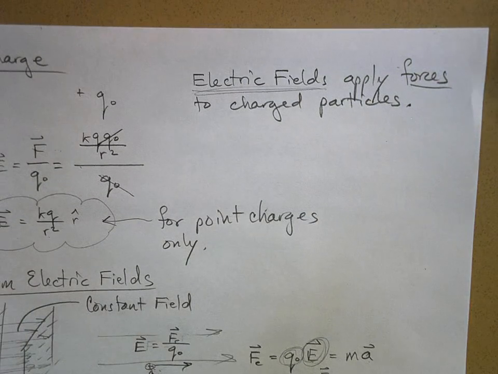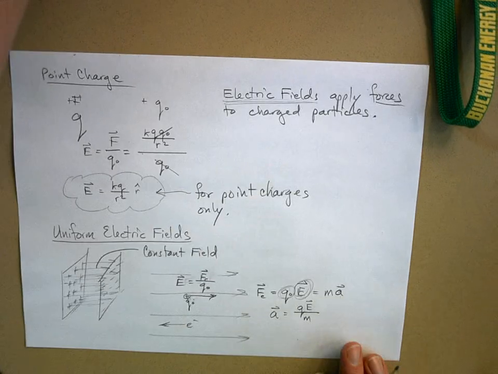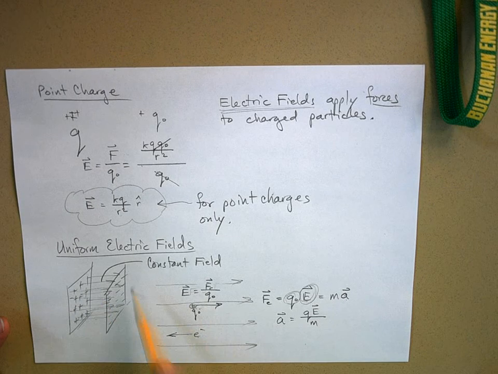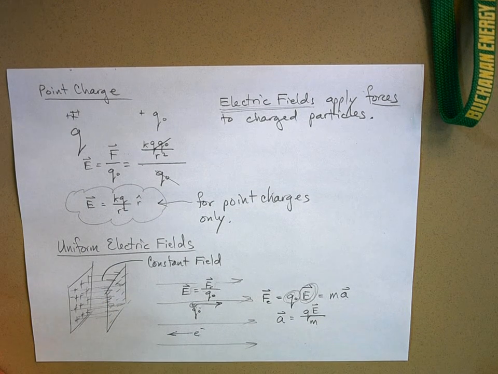Okay. Now, let me zoom out. That will kind of review. All right, so now I got a little ahead of myself because I started drawing electric field lines. So let's do that. Let's talk about electric field lines.